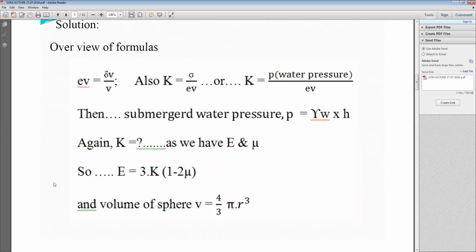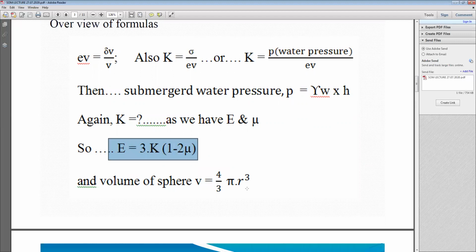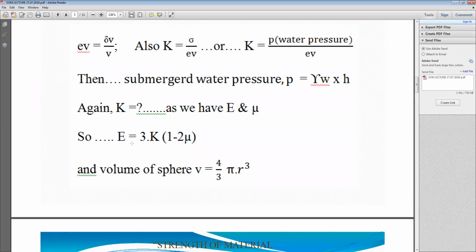This is already proved in the previous lecture. So by using this formula, E is equal to 3K(1 minus 2 mu), we can calculate the K. When we have the K, we can calculate the small Ev, and lastly we can find the delta V.